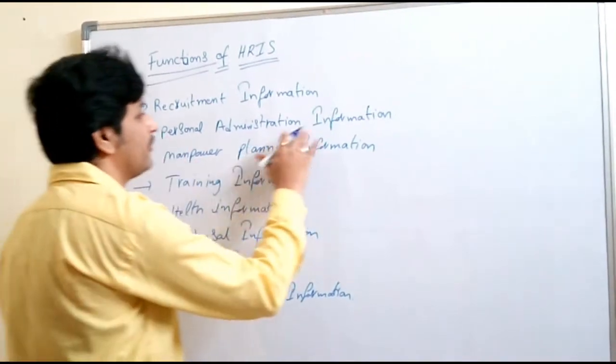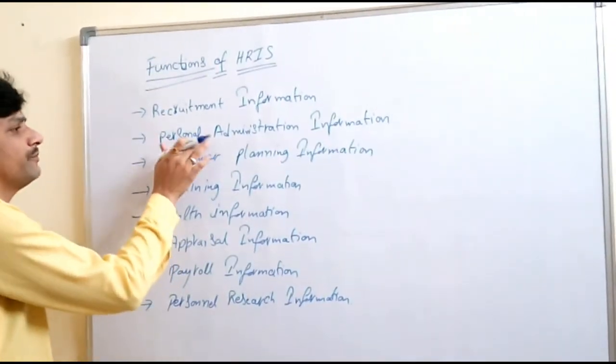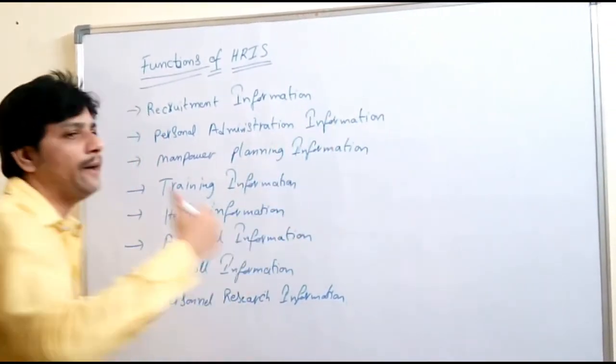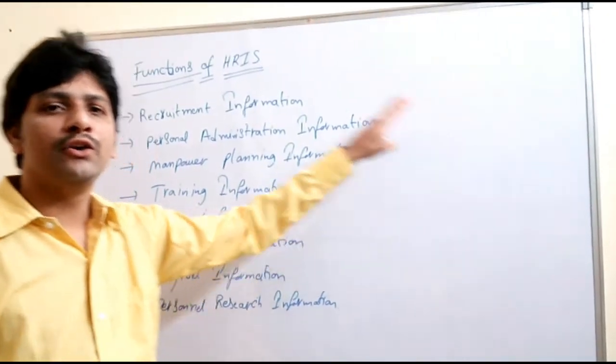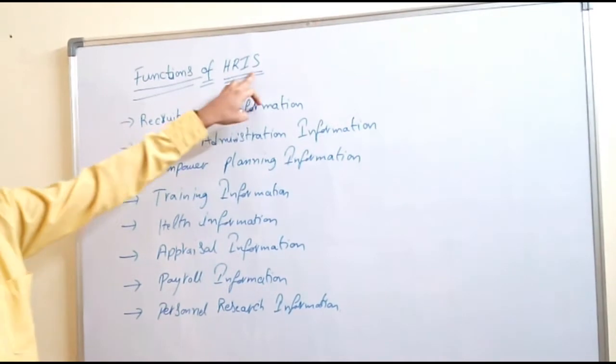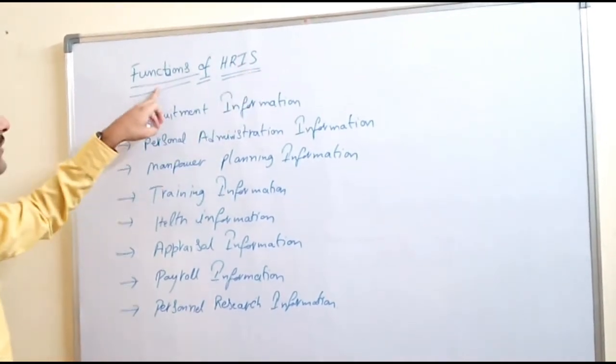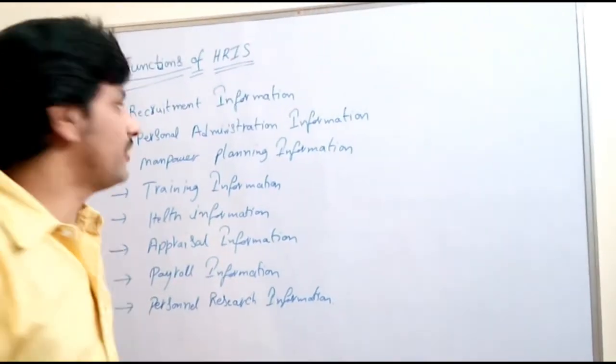There are various types of administration information. Personal administration means the employee administration information can be manipulated and maintained by the human resource manager using HRIS software. So it is also one of the functions of the HRIS software.